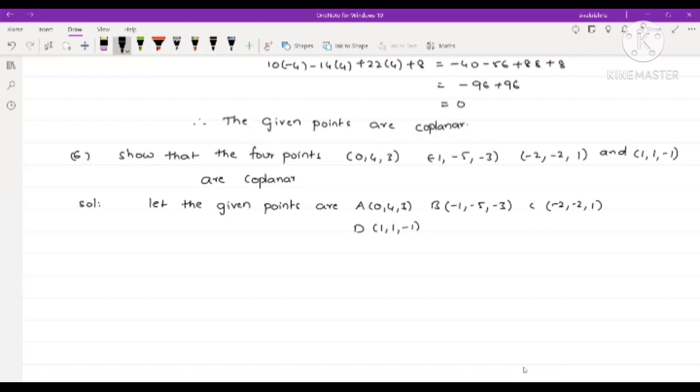So that is what I am writing. Now we have to find the equation of the plane passing through 3 points.